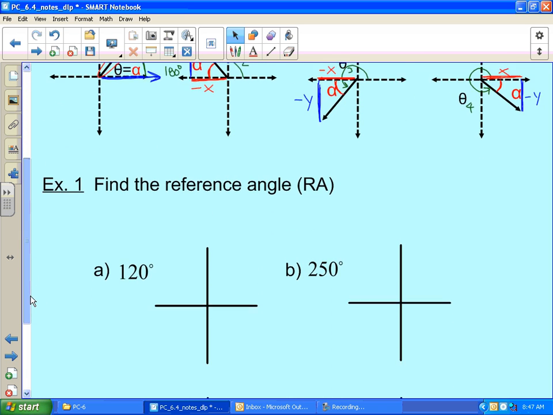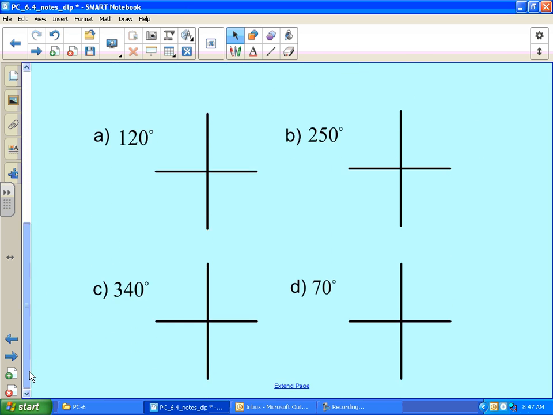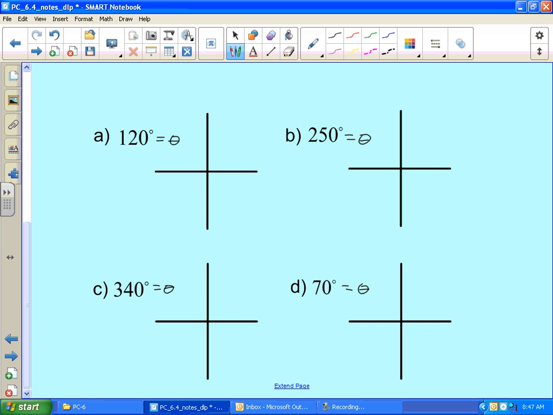All right, so let's find some reference angles. Given some angle theta, which is what all of these are, let's see if we can find out what our reference angle would be. It means we're going to be using our rules. So what we do is we first take the angle and figure out where we are.